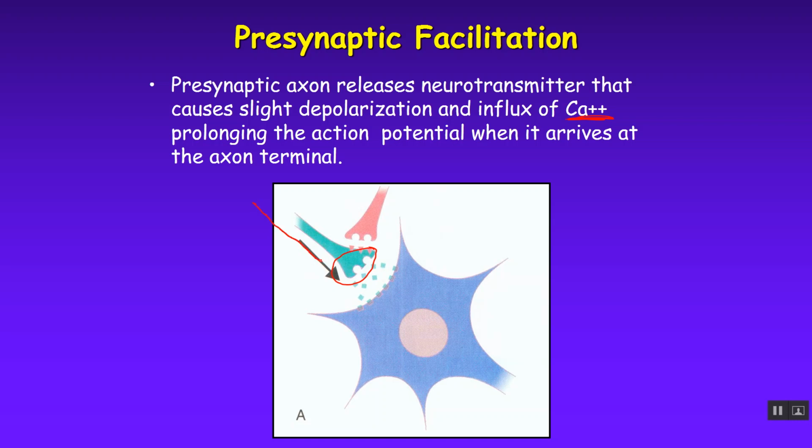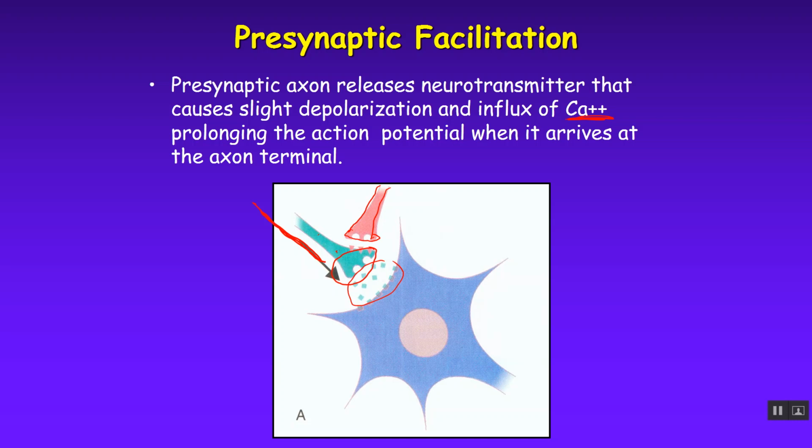Our primary signal is coming down to communicate with this next neuron and cause release of neurotransmitter. Here is another neuron that's nearby that is communicating with this presynaptic neuron via an axo-axonic synapse right before that signal gets there.